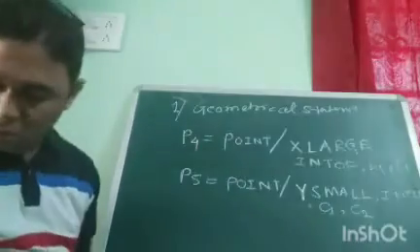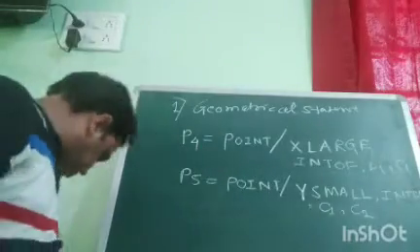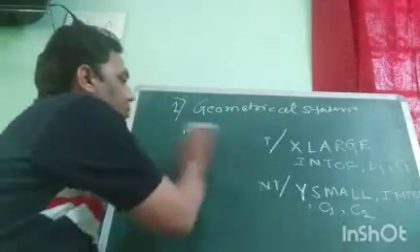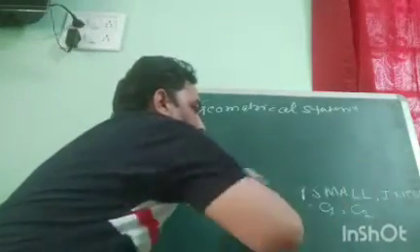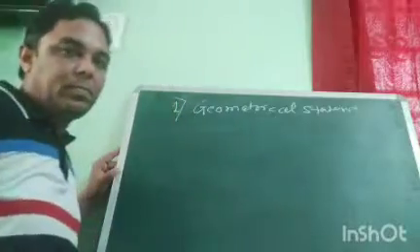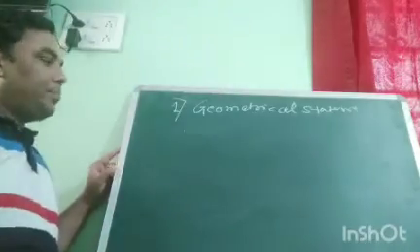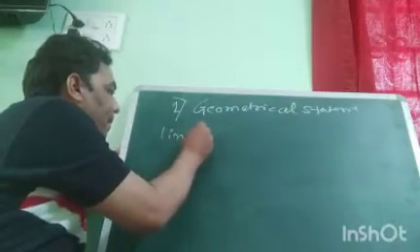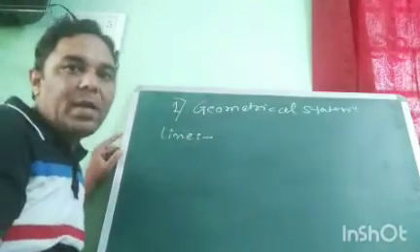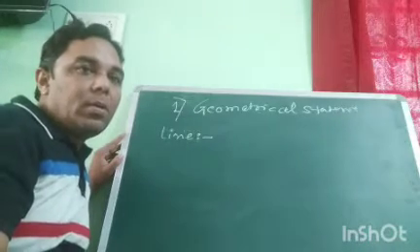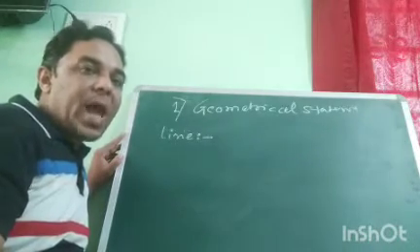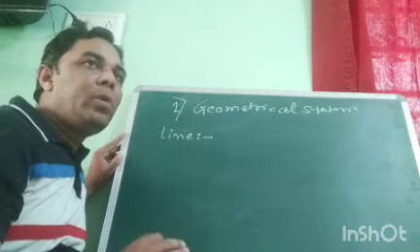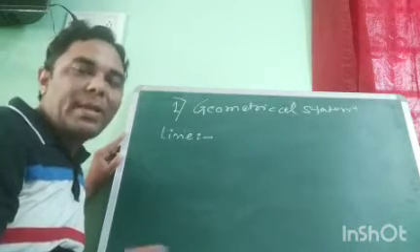So I just need to erase it. Let's start with the line coding. Now how can we write down the line coding? For example, a line gets passed through a point. We all know a line is formed between two points, a starting point and an end point.